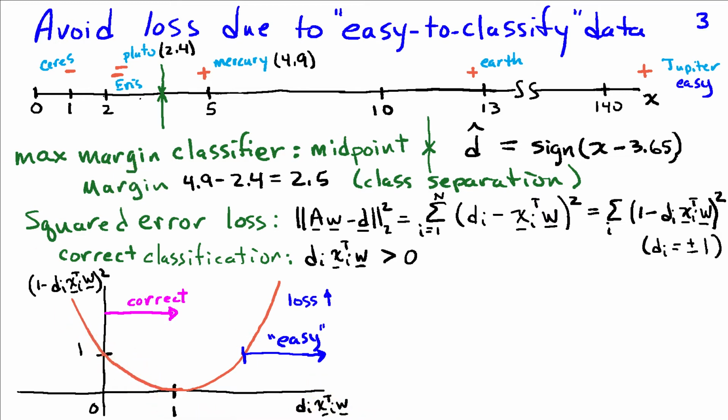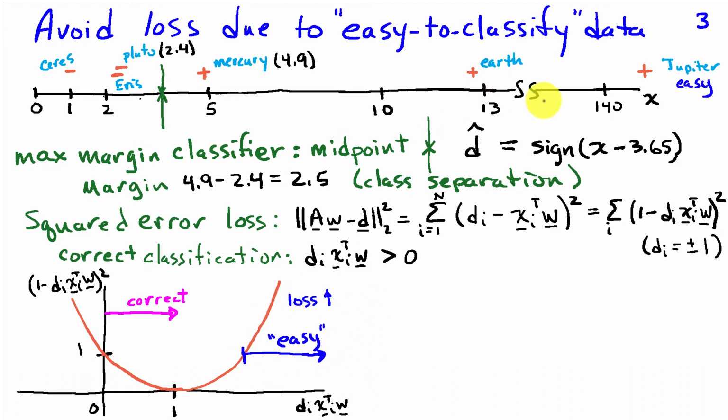However, what we see is that this squared error loss term is quadratic based on the distance that di xi transpose W is from 1. I incur loss when I'm making incorrect decisions over here on the far left, but I also have contributions to my cost function when I have the easy decisions.